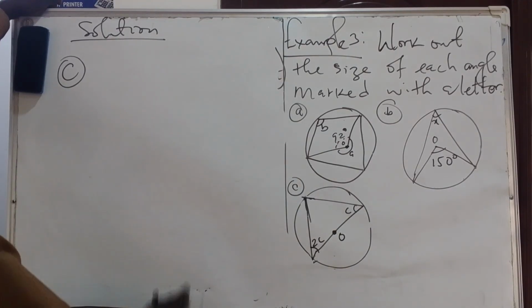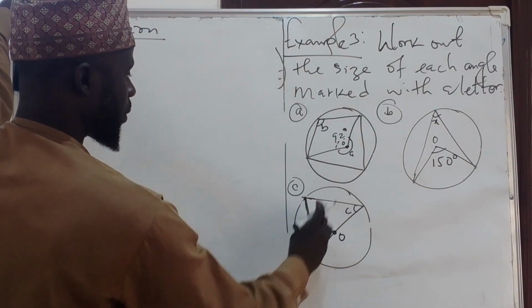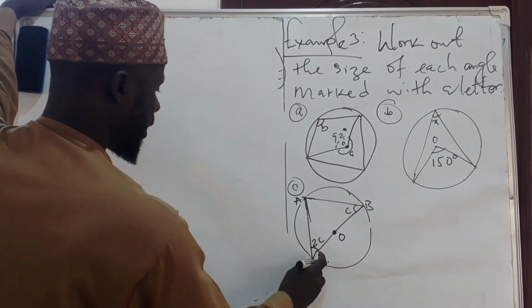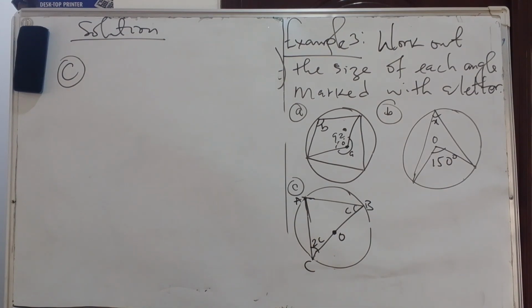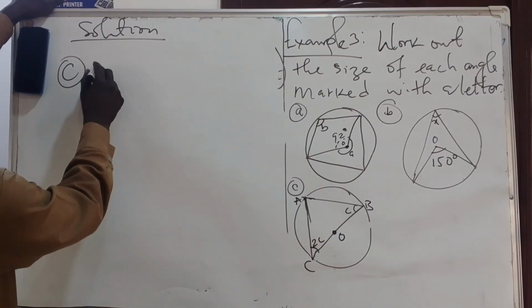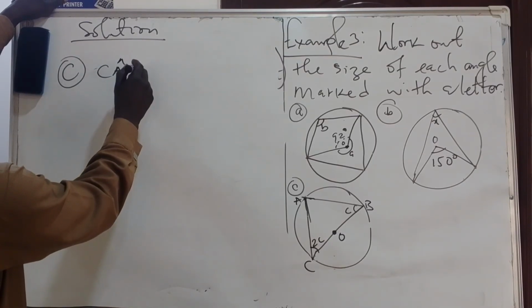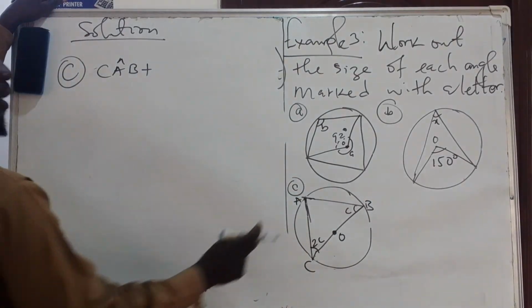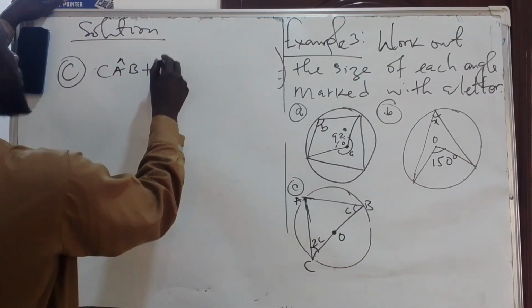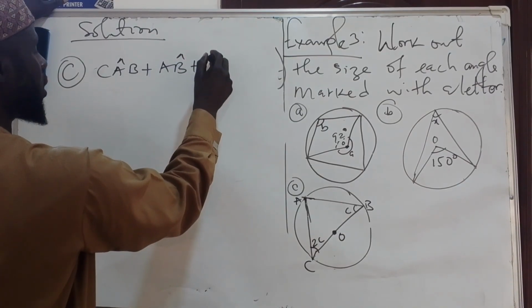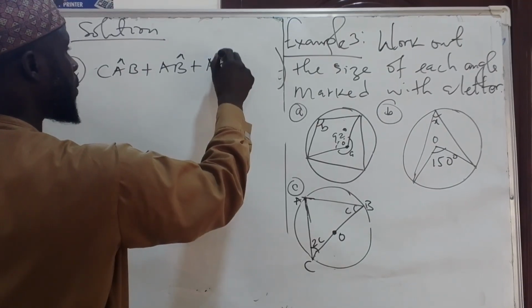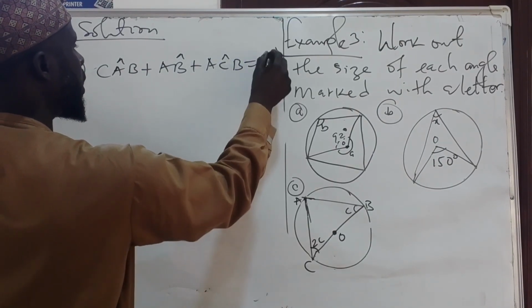if you have, this is a triangle. So let's label this A, B, C so that it will be easier for us. In this triangle, this angle CAB plus this angle ABC plus this angle BCA, or ACB, is equal to 180 degrees.